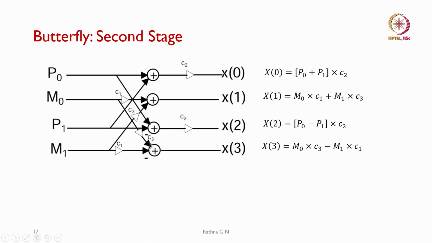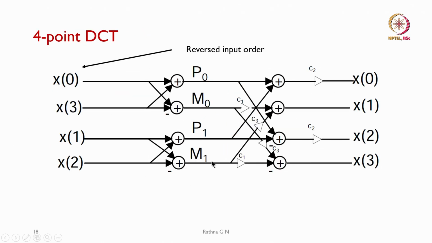After this is a subtraction, that is minus. So, we will be getting x of 3 as the output. This is how we can write our butterfly structure. So, the final 4-point DCT is given by this complete butterfly structure.